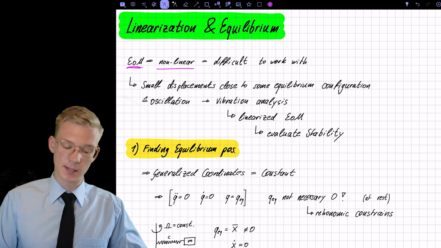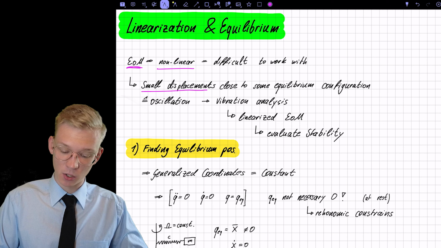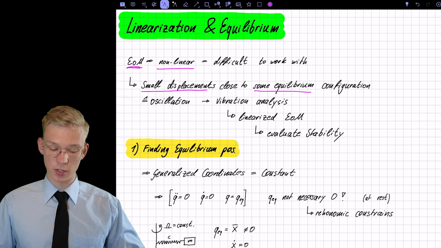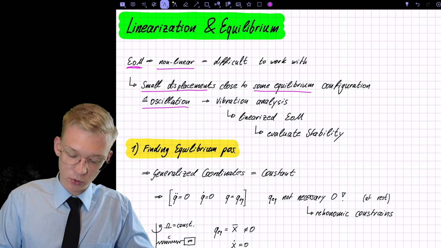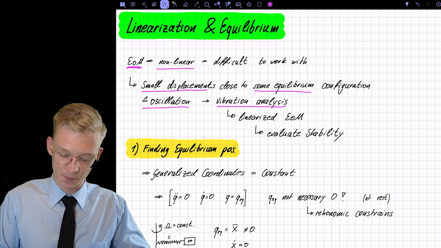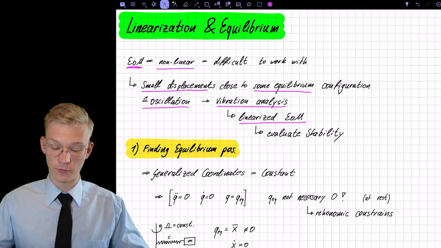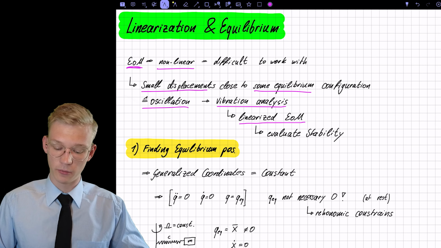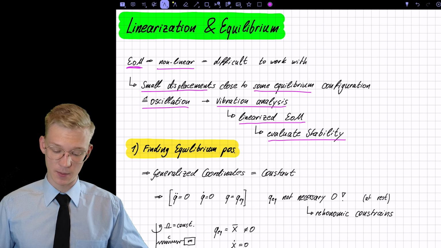But if we have a system that has small displacements close to some equilibrium position, so it is oscillating, we can do vibration analysis, and that will be the main topic of this video. If we do vibration analysis, we first get linearized equations of motion, and then we evaluate the stability.